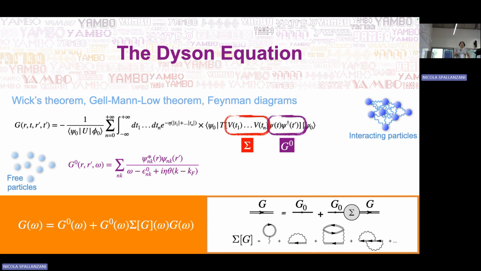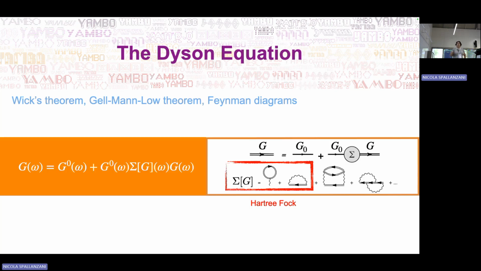So we have our one-particle Green function for the interacting system that can be written in terms of the Green function of a non-interacting system, and then all the scattering events summarized or included in this self-energy, which can be expanded with the Feynman diagrams describing the several types of scattering events that can happen.